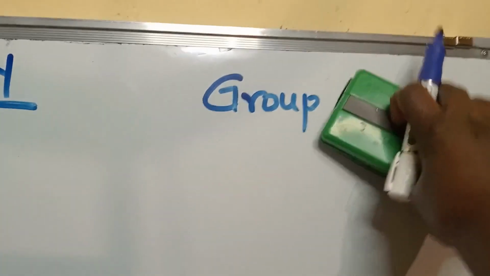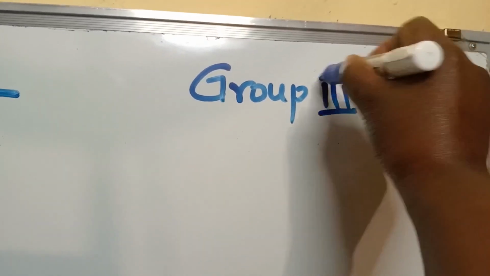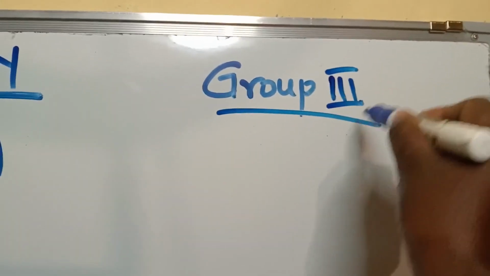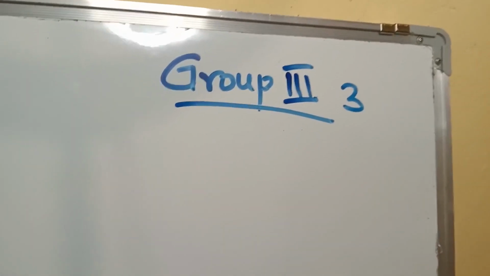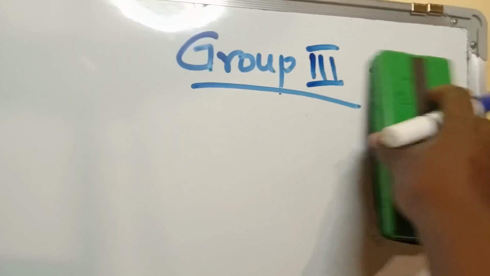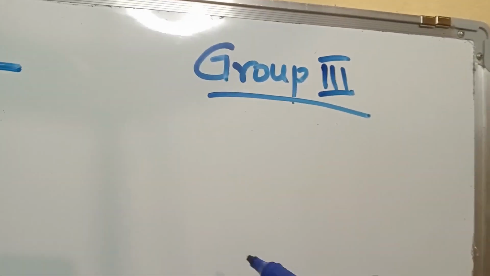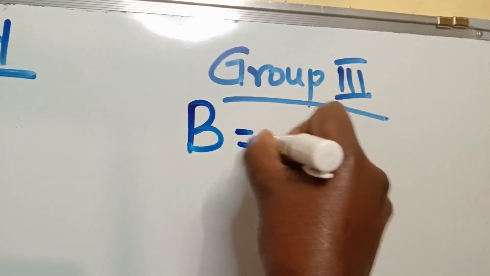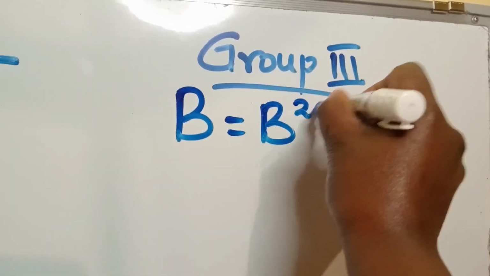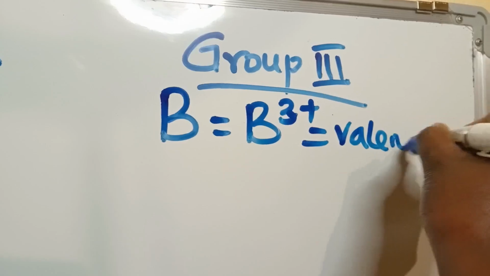Instead, we use the Roman numbers. So never forget, because if you use the 3, it will be wrong. So instead, always remember that we use the Roman numbers. So in group 3, among the first 20 elements, we begin with boron, which forms boron ion with the valency 3.